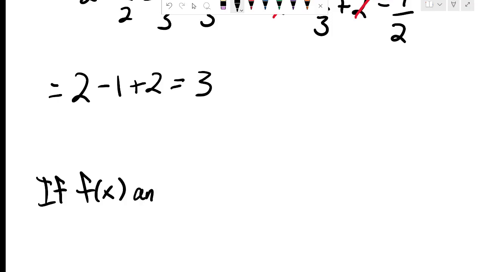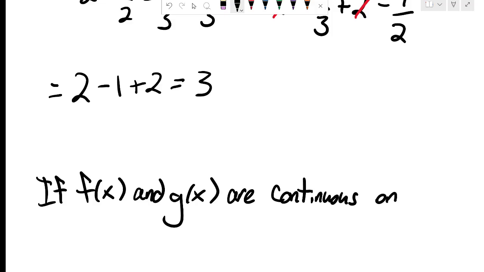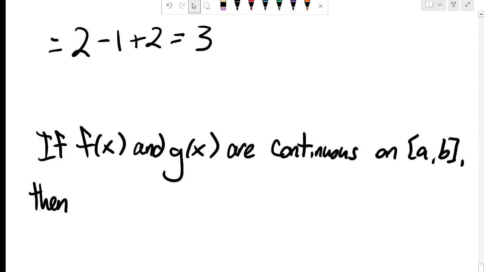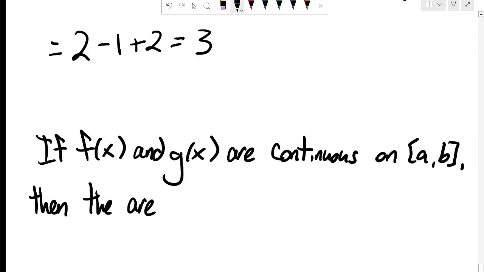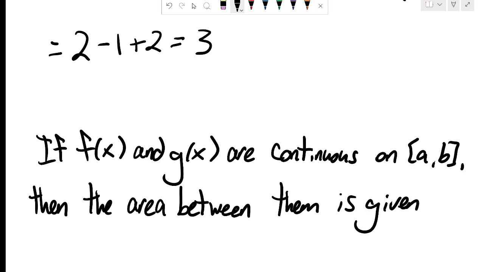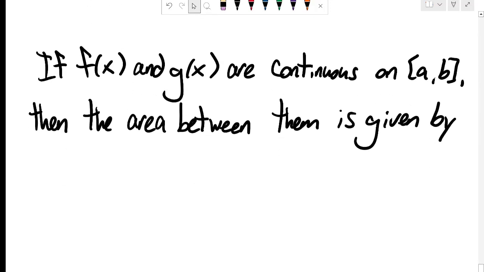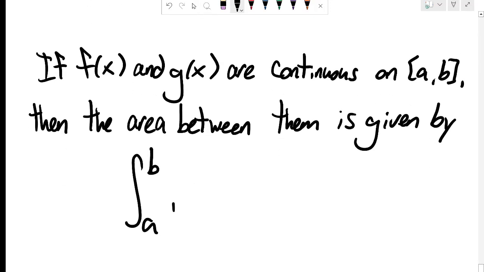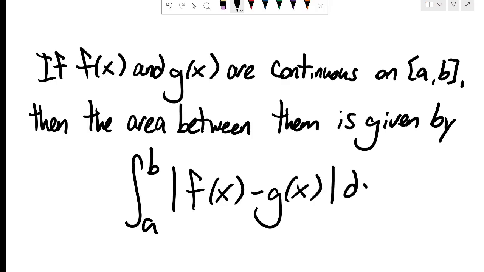We just say if f of x and g of x are continuous on a to b, then the area between them is given by the integral from a to b of the absolute value of f of x minus g of x dx.